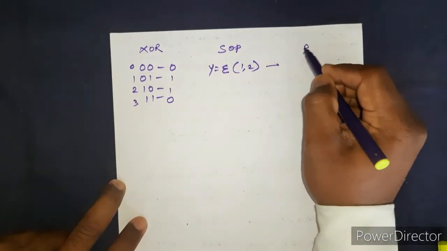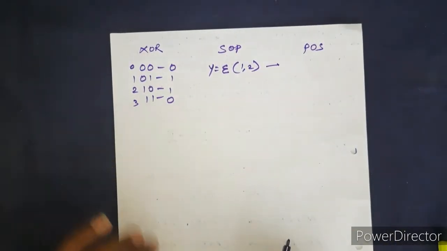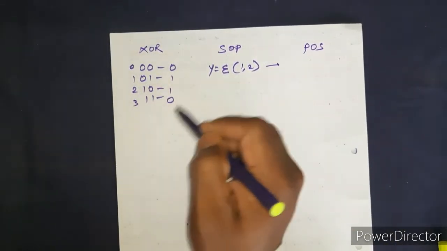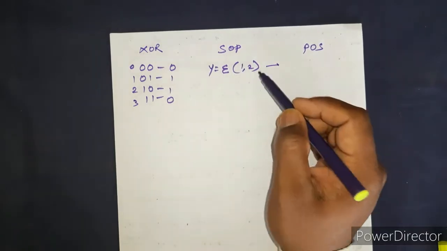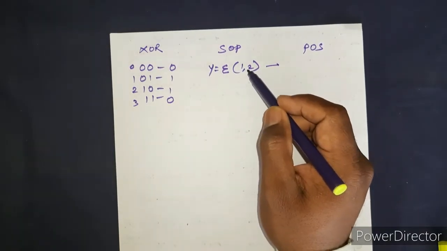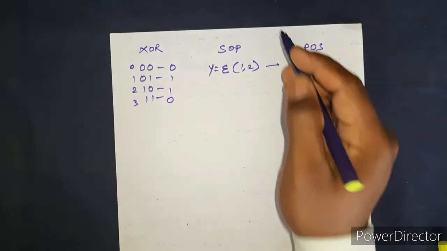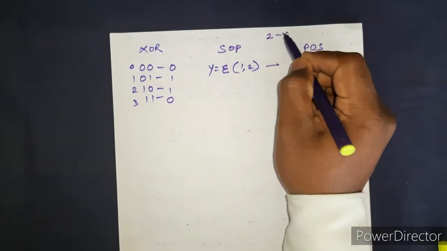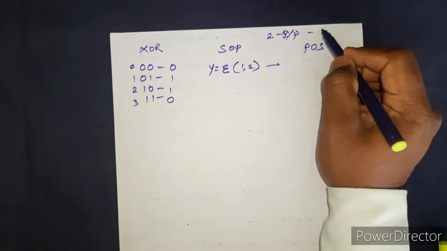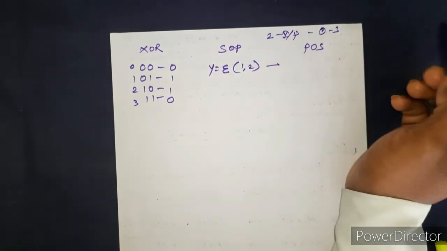Now, without looking at this truth table, I can find the numbers for POS. Since it is a two input variable function, I have numbers 0 to 3.